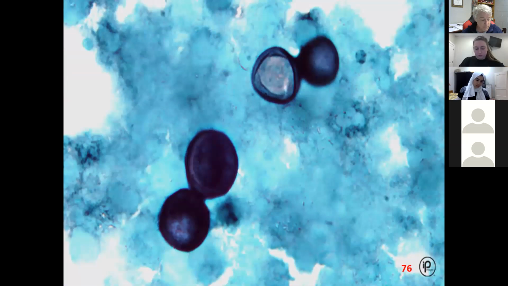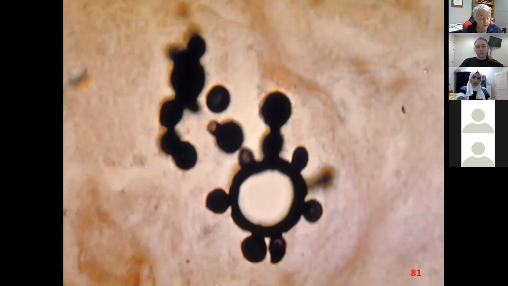76, Blastomyces dermatitidis. 81, captain's wheel here of Paracoccidioides brasiliensis.